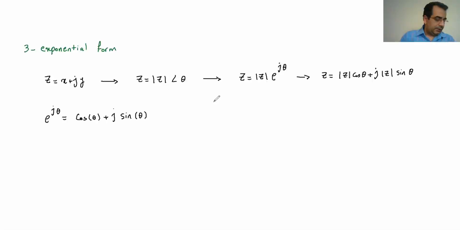So for example, assume I have z in the format of polar, let me write it a bit higher. So assume I have z equal to 10 with angle of 60.